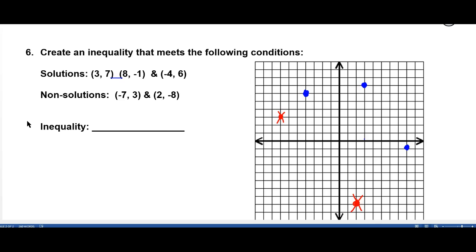So as long as my line divides the red dots from the blue dots, then that inequality should be good. So I'm thinking if I get a slope that is -1, it could look something like this right here. It goes down 1 over 1.